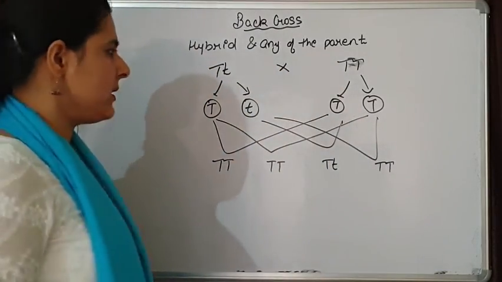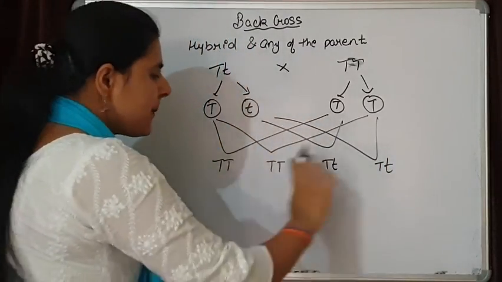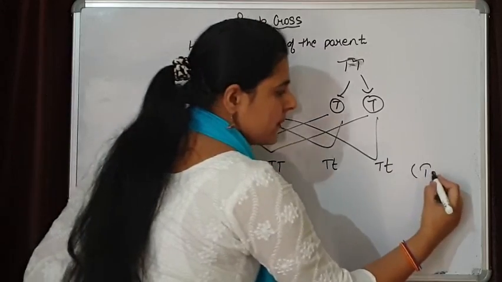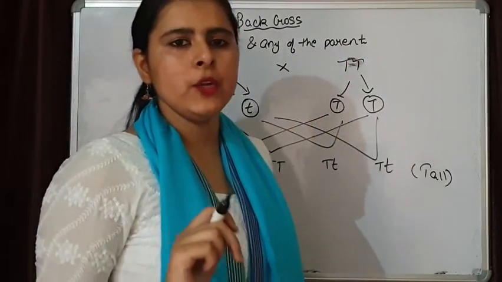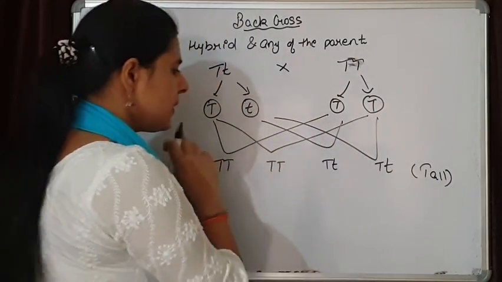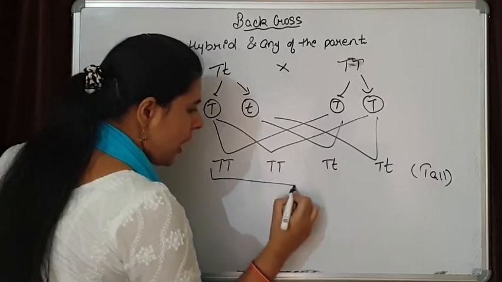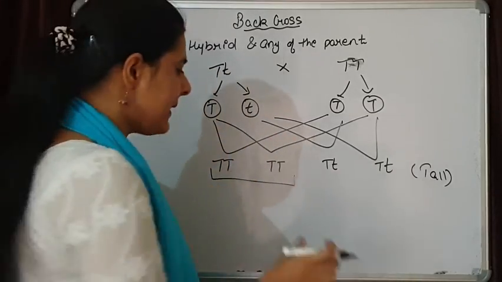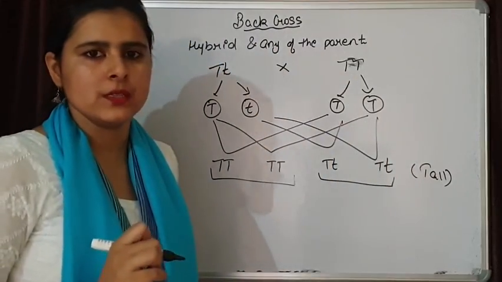What we are seeing here is that all the plants are of tall height. After crossing this hybrid with the pure line dominant parent, we are getting all plants of the same type, plus out of these 4 plants we are getting these 2 homozygous and these 2 heterozygous.